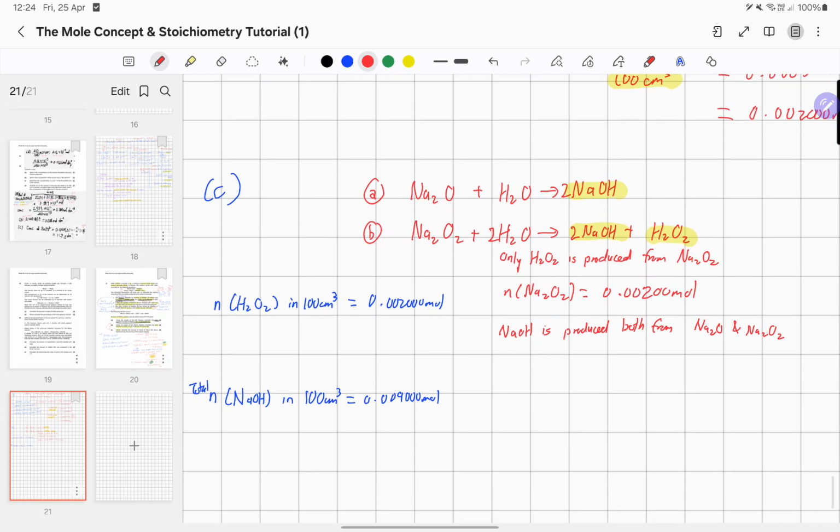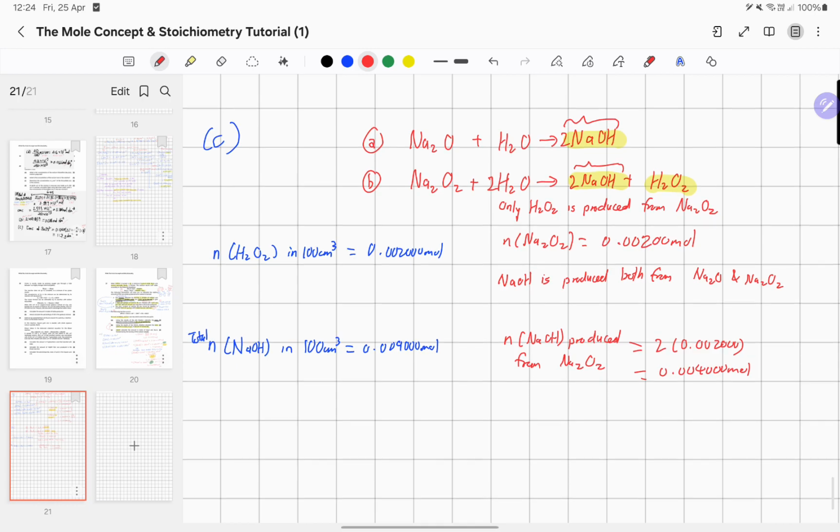So this means that I want to know what is one of them, either this or this. And clearly I will have known the number of moles of NaOH produced from Na2O2 specifically only. So this one is 2 multiplied by 0.002 moles. This gives me 0.004 moles.